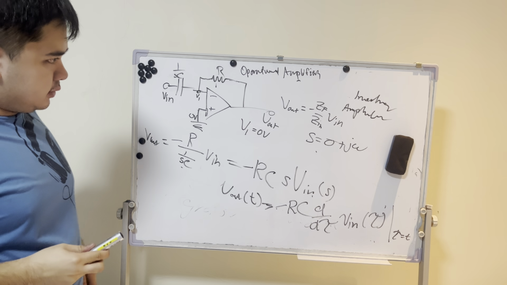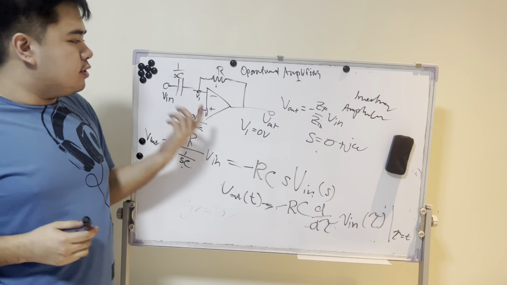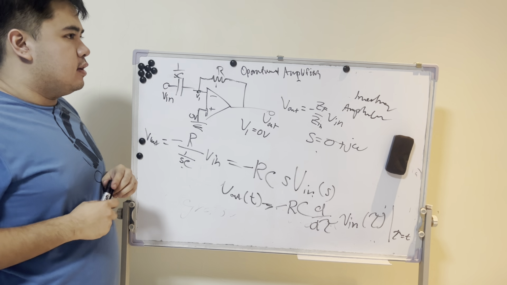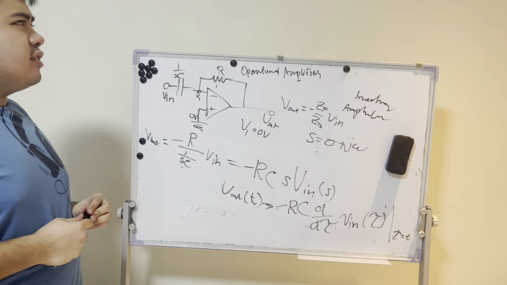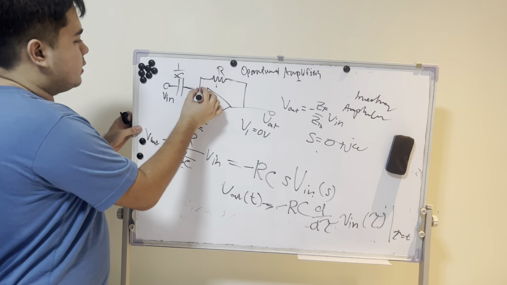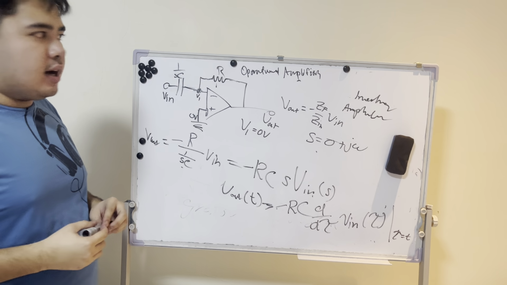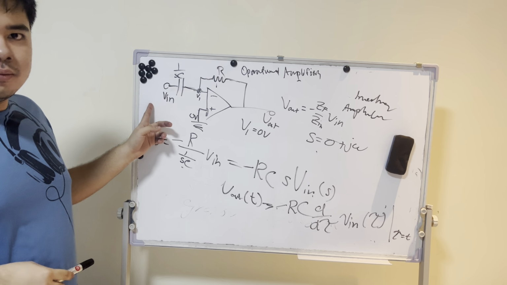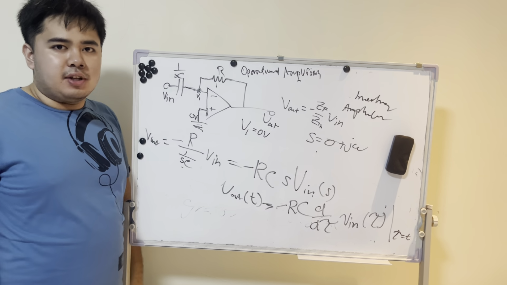But wait a minute. This is only meant for AC, right? Alternating current, or just a sinusoid. And alternating current, if I remember correctly, is very strict about what it can be for the input, right? Because we have a capacitor and we had the impedance of that capacitor.